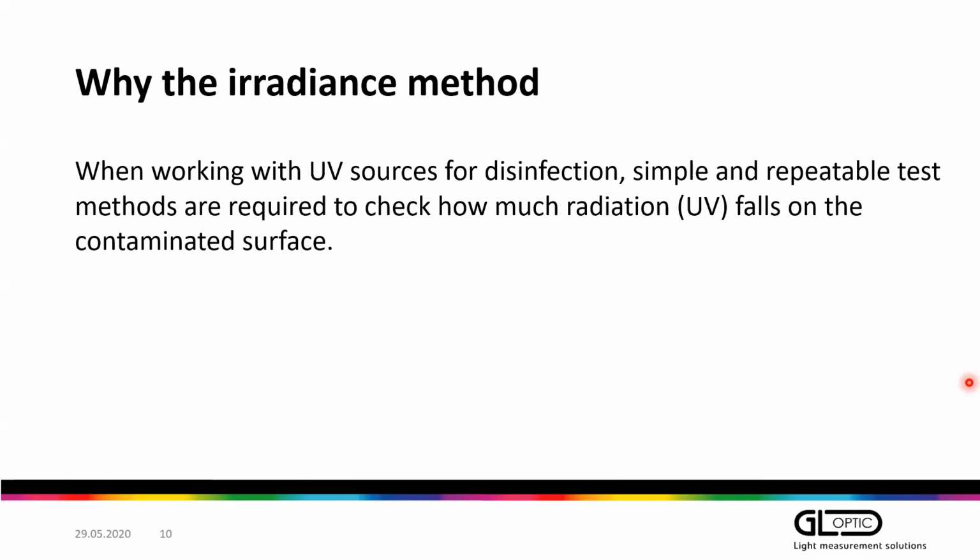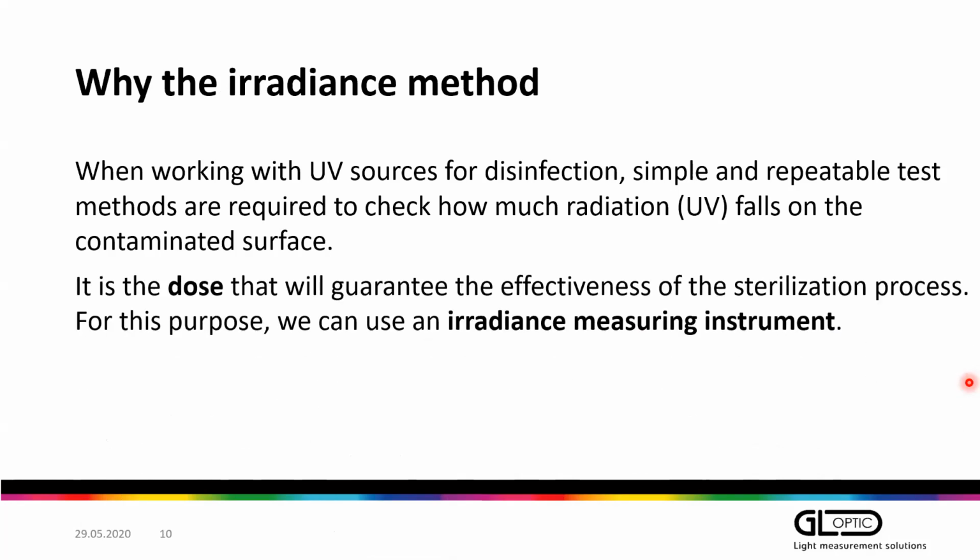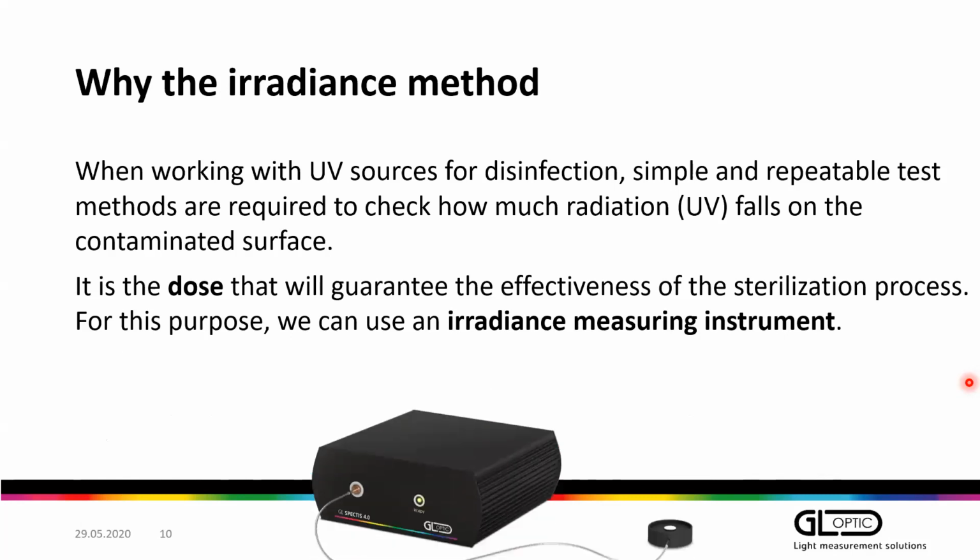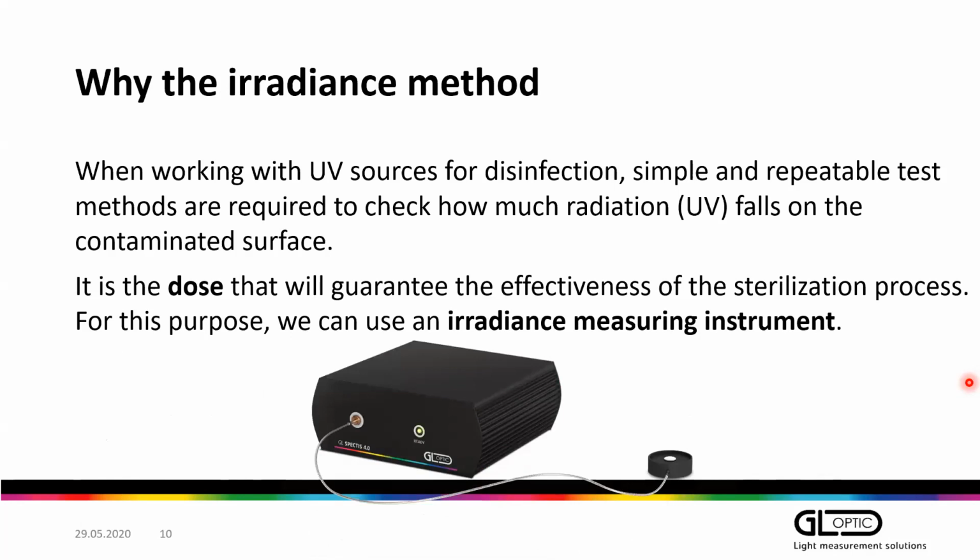Therefore, the irradiance method is the most suitable for this evaluation, and it's more repeatable at the same time. The dose that we were mentioning before is going to guarantee the effectiveness of the process. For such measurement, an irradiance measuring instrument can be used. And this is an example of an irradiance spectroradiometer with a specially designed irradiance measurement probe.